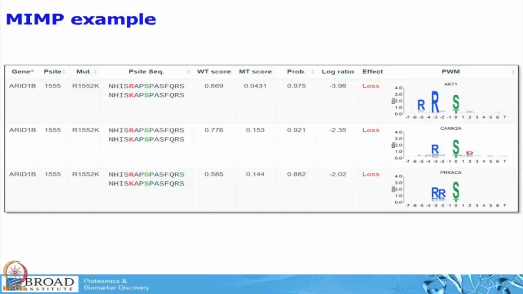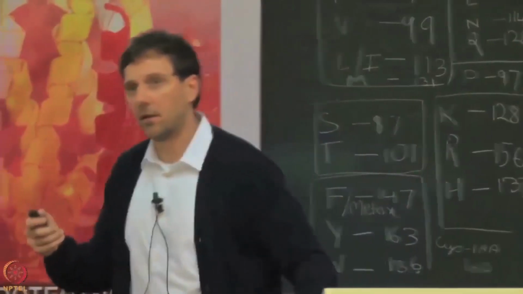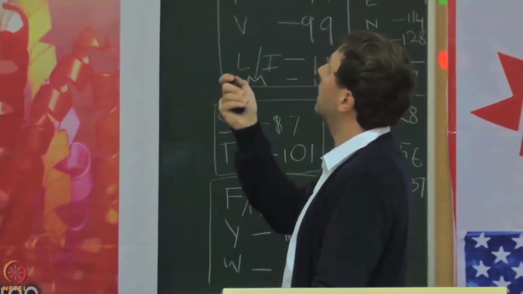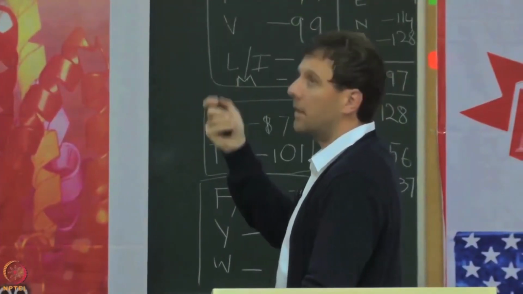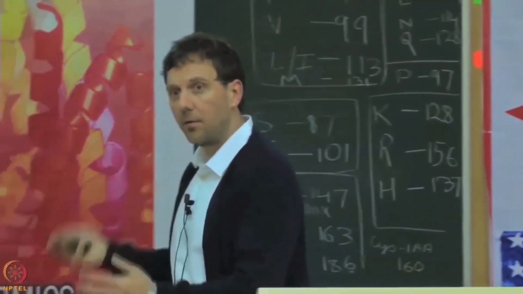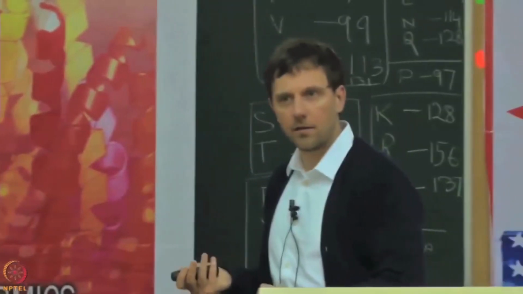I mean, the data that goes into this analysis is real data, but keep in mind these are all predicted events, right? So we don't know. Using this computational framework, given this data, we calculate the probability that this might happen, given our statistical framework. So that's not an experimental proof that this phosphorylation site is actually lost, right?